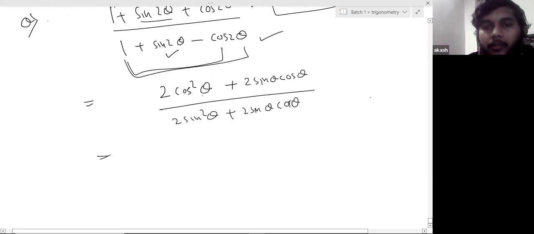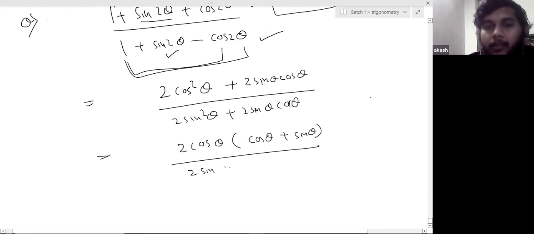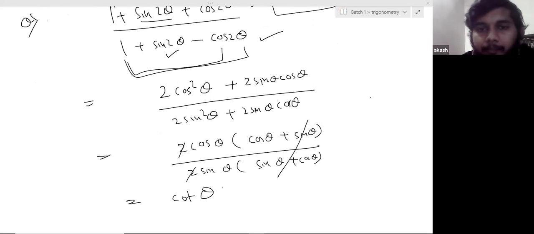We can take 2 cos theta common, so cos theta plus sin theta. From the denominator also 2 sin theta is common, sin theta plus cos theta. This is cancelled. 2 and 2 is cancelled. So only cot theta. Alright, Gautam, not cot square theta.